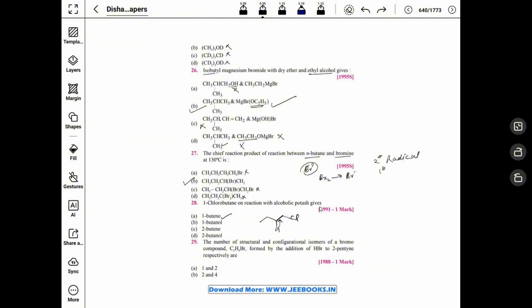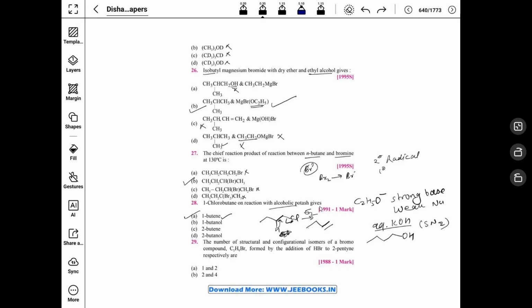So this will lead to the formation of 1-butene, because alcoholic KOH is a strong base and weak nucleophile. But in case of aqueous KOH, you will get alcohol by the substitution of the halogen. But here the reaction is following E2 mechanism.